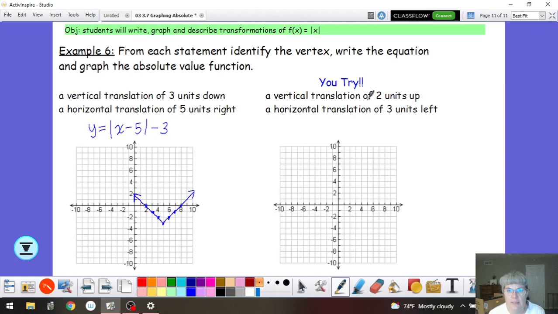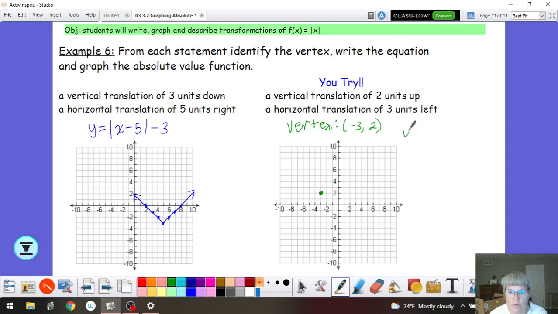And our last example, vertical translation of 2 units up, horizontal translation of 3 units to the left. So there's our vertex. And the directions did say identify, so I should be writing this. Vertex is going to be -3, +2.